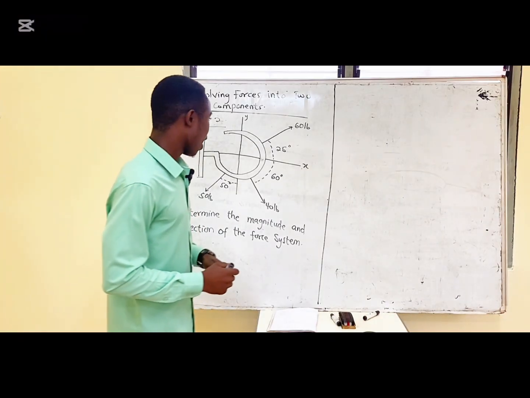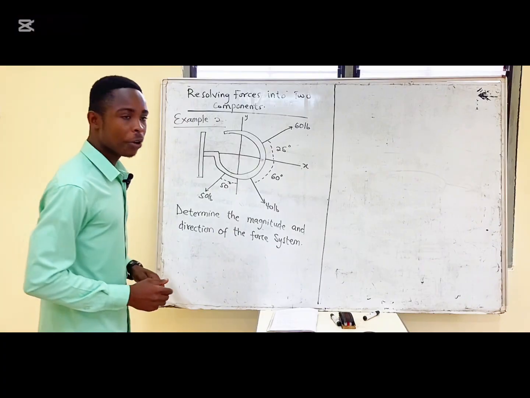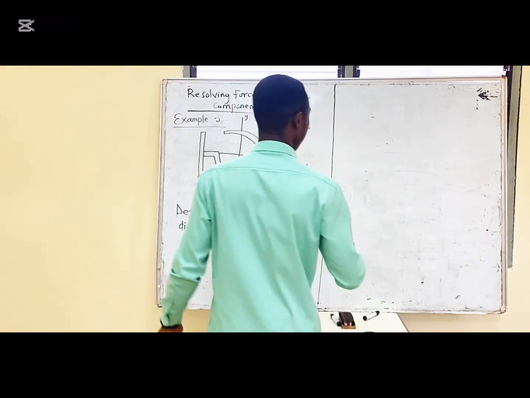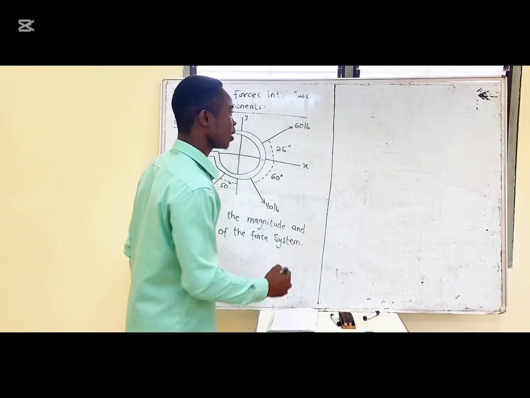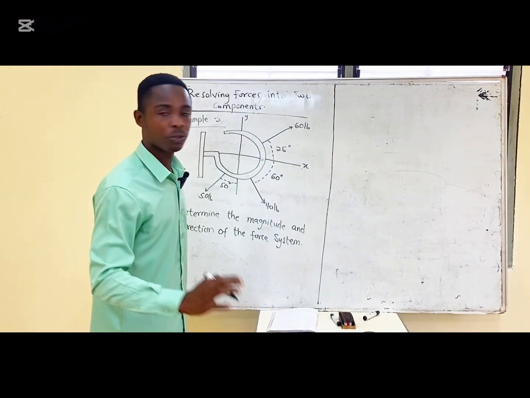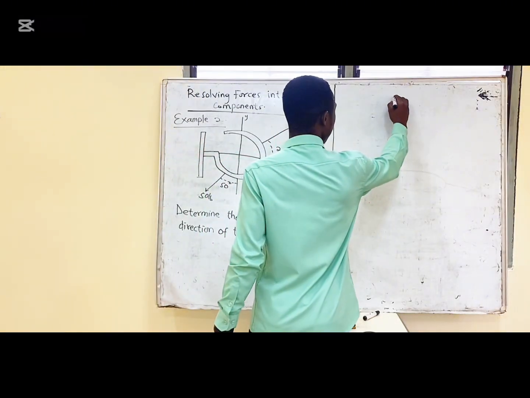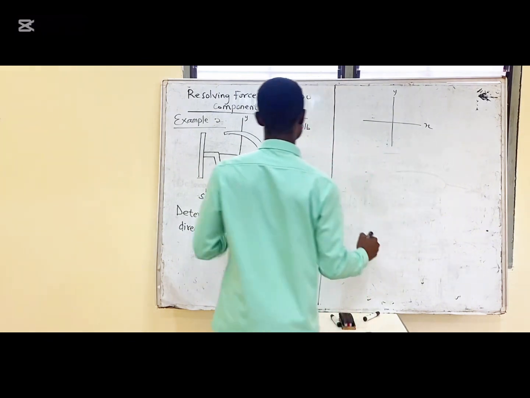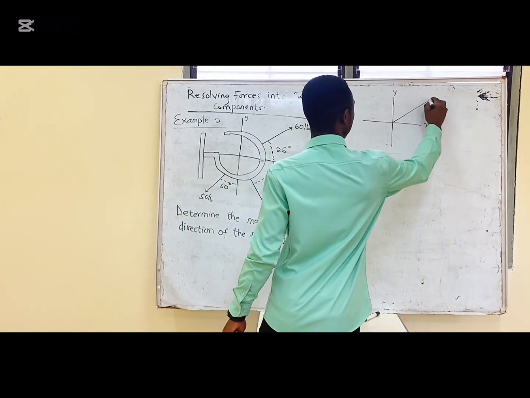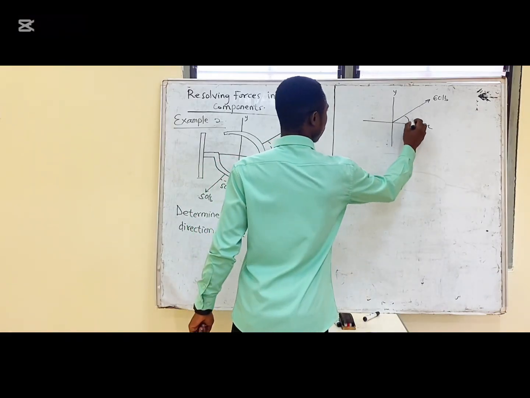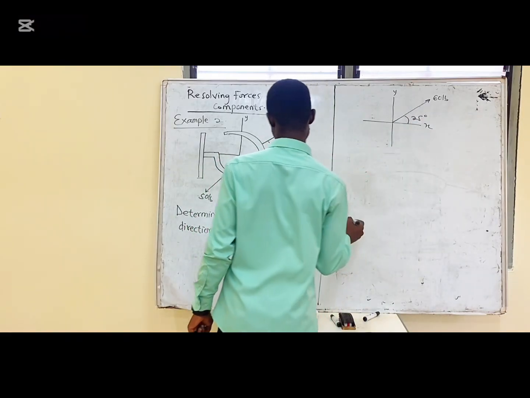Now, analyzing this problem, we quickly have to redraw our figure on the XY plane to have a clear view of what we want to analyze. So we have our X and Y axes. We have our 60-pound force here, making an angle of 25 degrees with the x-axis.